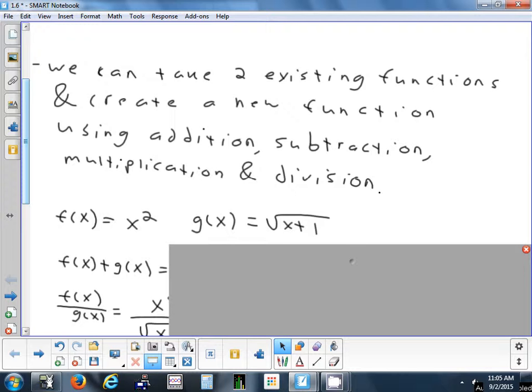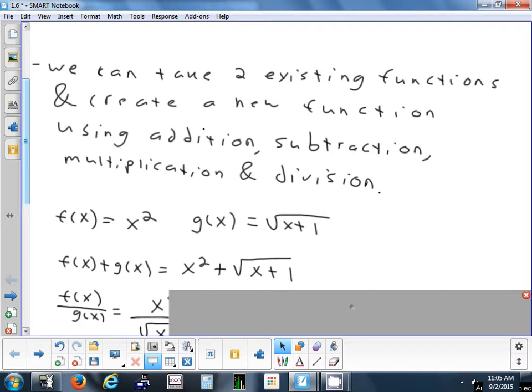One way I can combine these two functions to create something new is just add them together. They're not really like terms, so there's nothing I can simplify. This is a new function, x squared plus the square root of x plus 1, obtained just by adding two other functions together.